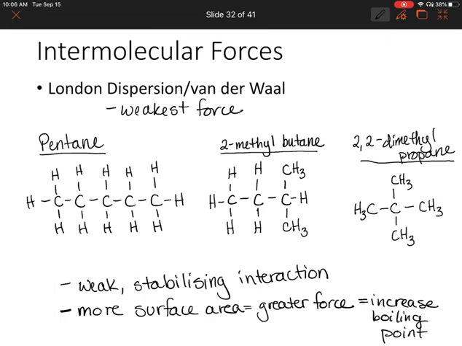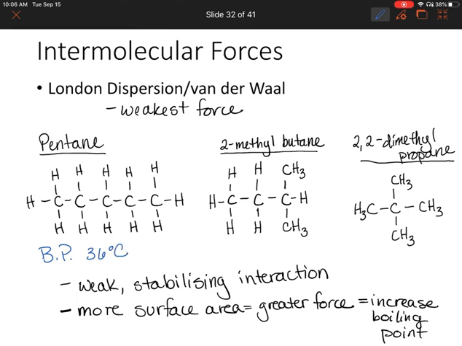Pentane, right? Pentane is this long chain of carbons with hydrogens attached. So that would be the molecule with the most surface area. So it should have the highest boiling point. And in fact, its boiling point is 36 degrees Celsius.